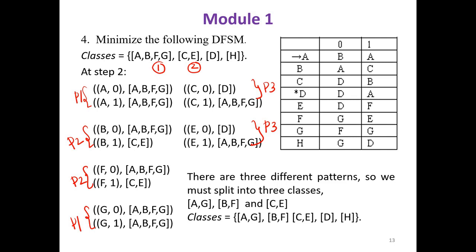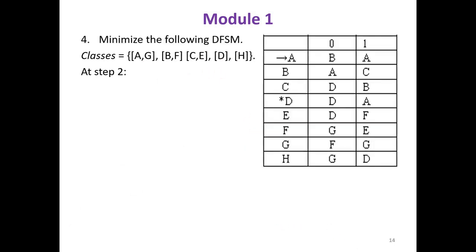So there are three different patterns obtained: A, G, B, F, C, E and D, H. Next again we have to find out, is it possible to split AG and BF?